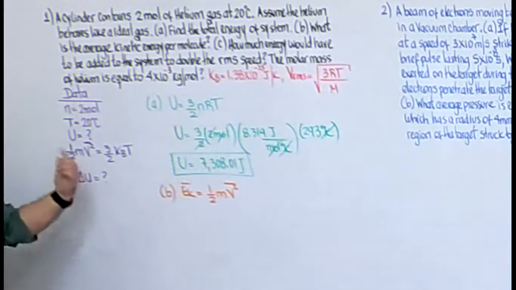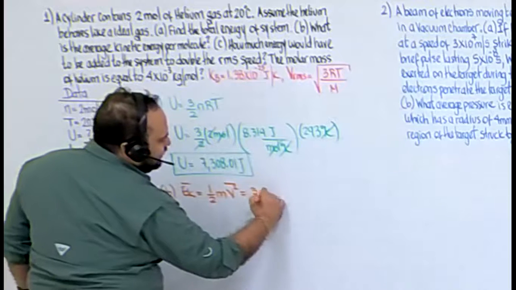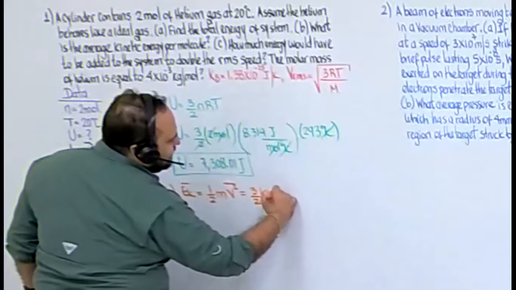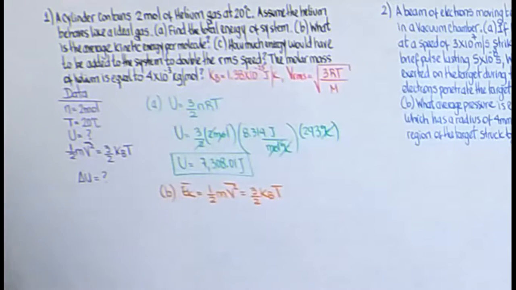But at the same time, this kinetic energy could be given by 3/2 the Boltzmann constant times the temperature. What formula are we going to use?